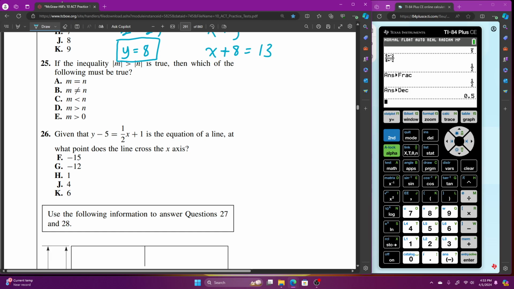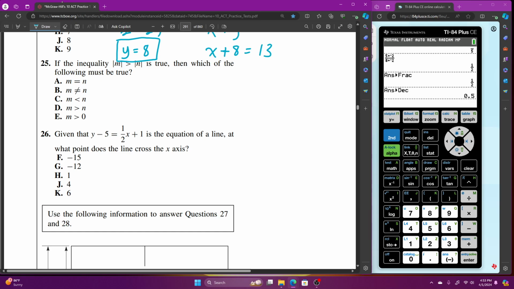So, could m be equal to n? Could m be less than n? Could m be greater than n? Could m be greater than 0?